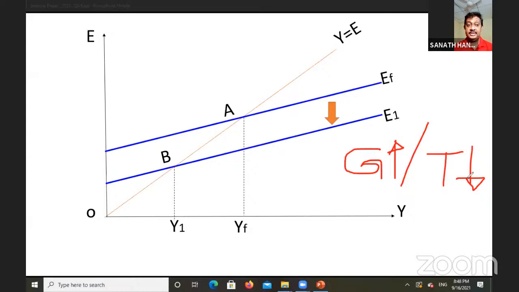Remember the multiplier: the government expenditure multiplier is higher than the tax multiplier. When the government gives this 5,000 rupees to people, they spend the money on the same day, so the impact is very quick, within a few hours. But if tax is reduced, sometimes it takes months to show results. Draw the diagram.